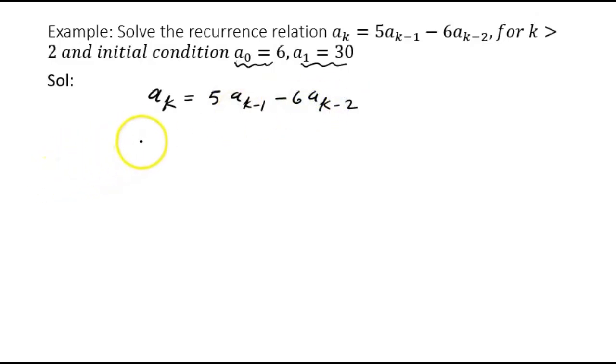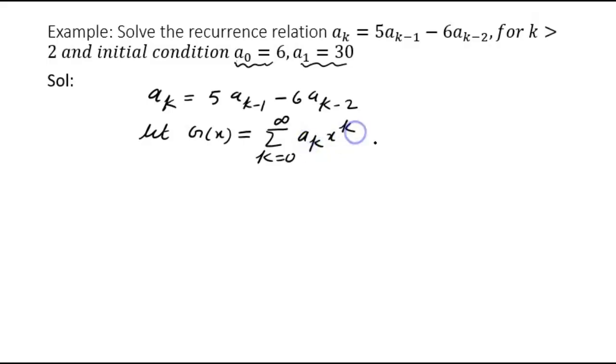And let us consider that g(x) equals the summation, k varies from 0 to infinity, a_k x^k, is a solution to this recurrence relation.